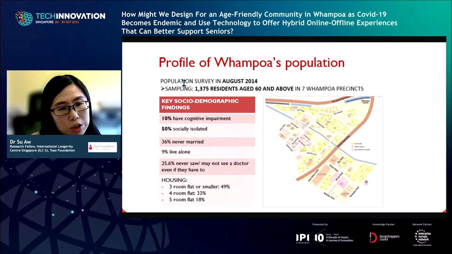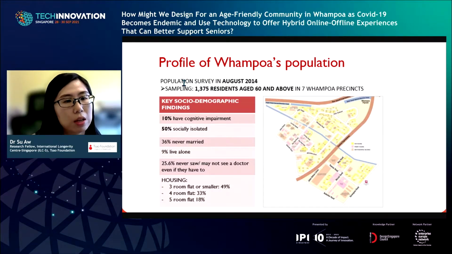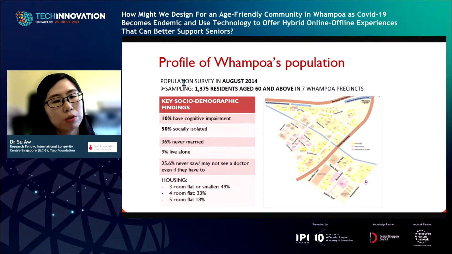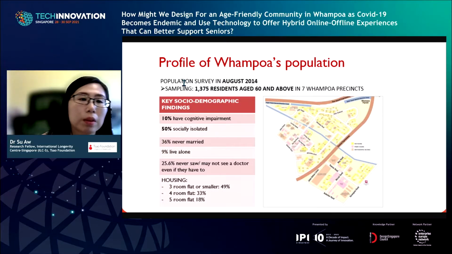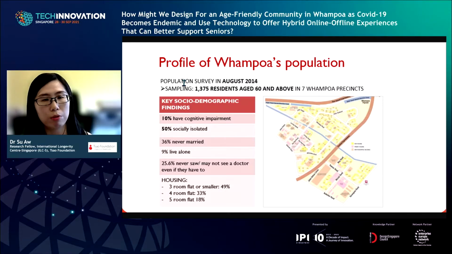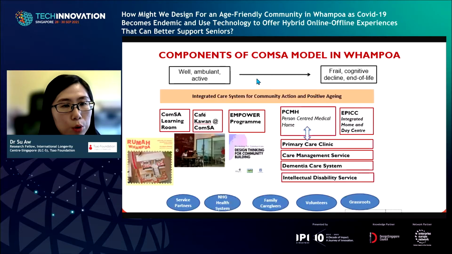About 50% reported occasional feelings of isolation and loneliness. Close to 10% of them live alone, and most of them live in a 3-room flat or smaller. So with this profile in mind, we set up this COMSA model in Whampoa.